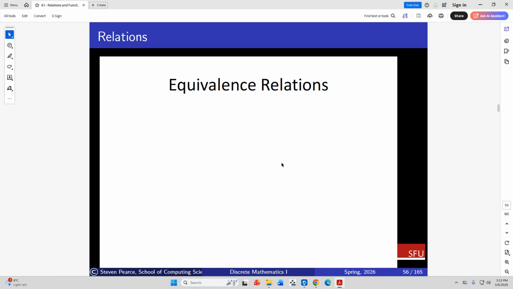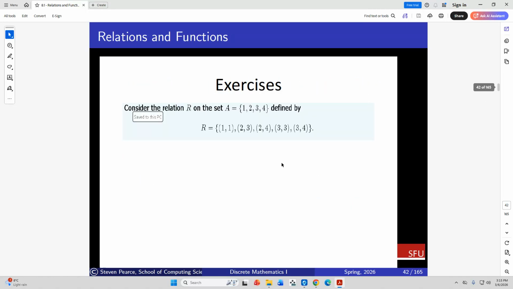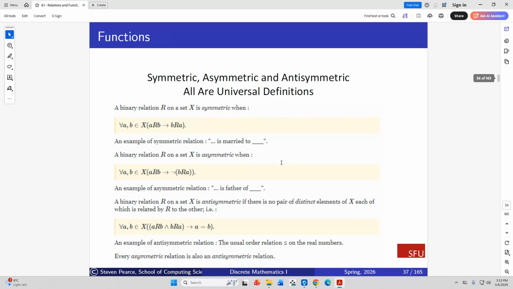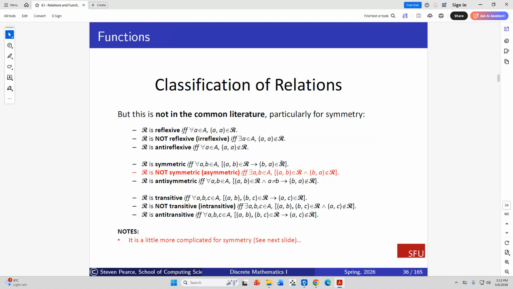And then, of course, there are classes of each one: reflexive, irreflexive, or not reflexive, and not anti-reflexive; symmetric, not symmetric, anti-symmetric; transitive, not transitive, anti-transitive. Those are, I think, the best ways of describing these things. Stick with my nomenclature. Stick with that slide back there that we dealt with before. This one, remember this one.